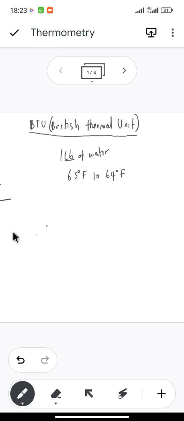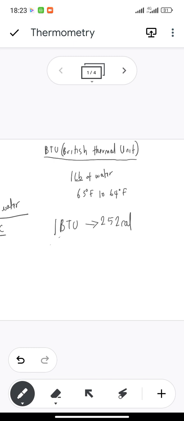Now there's a relationship also between British thermal unit and calorie. So 1 British thermal unit gives us 252 calories. Understand?